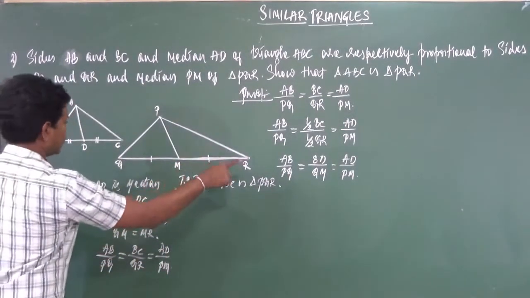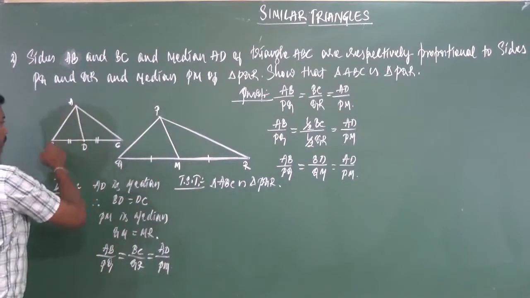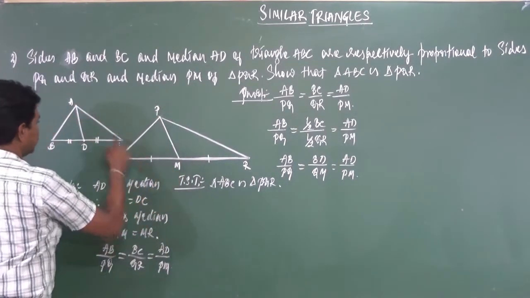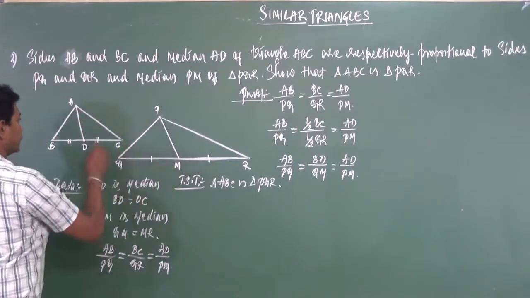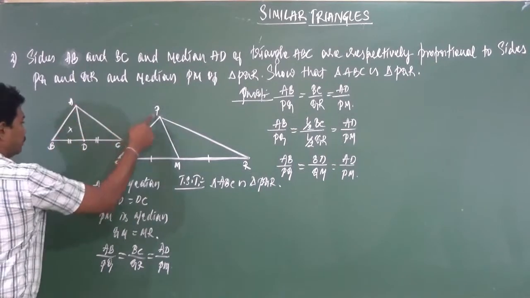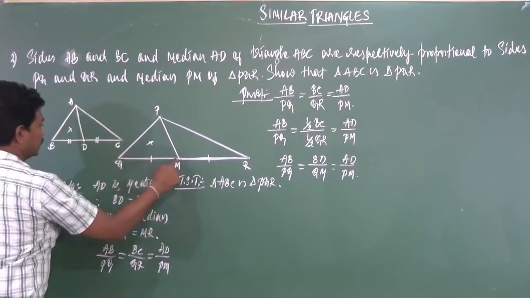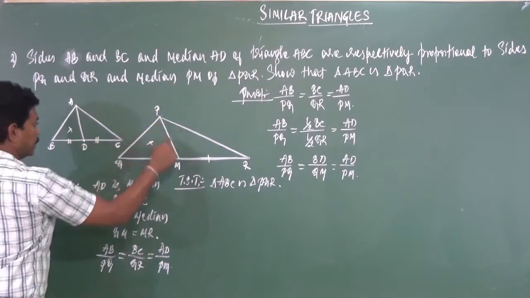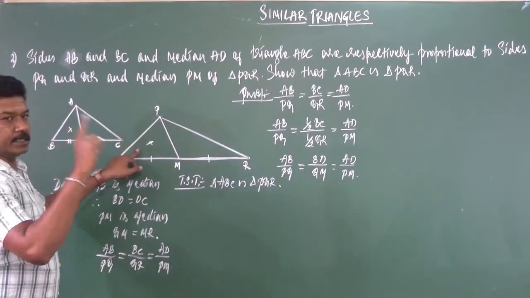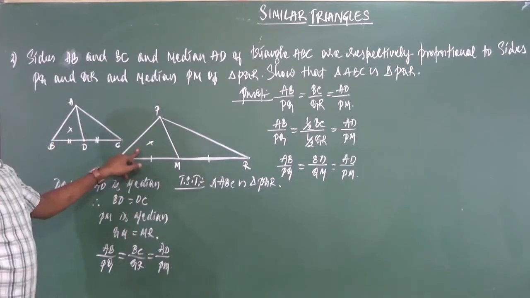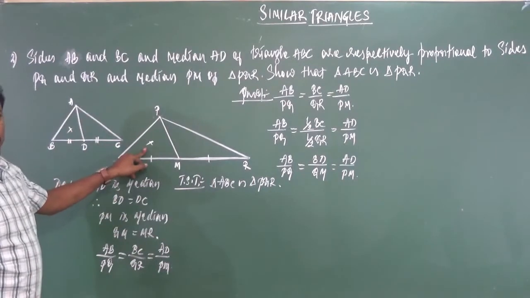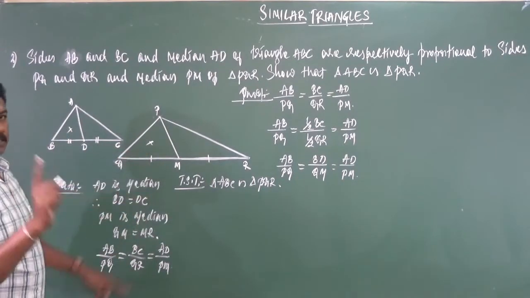So let us apply that in the figure. AB by PQ is equal to BD by QM is equal to AD by PM. So what has happened is, in these two triangles, the ratio between AB and PQ is equal to the ratio between BD and QM is equal to the ratio between AD and PM. Therefore, the three sides of one triangle are proportional to the three sides of the other triangle, so both triangles are similar to each other according to the SSS similarity criterion.